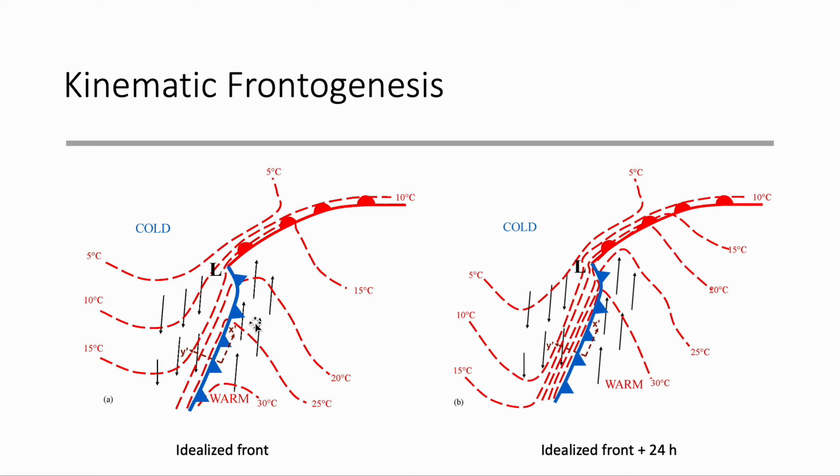And u is going in this direction here, and if you change position in the y coordinate, it's shifting direction. So du dy is also non-zero, and so the shearing term here is non-zero, and it corresponds to this idea of the wind blowing air of different temperatures. Notice that if u had been in the same direction here and here, because of how the isotherms are stacked up, it would have caused a warming over here, but also a warming over here. So potentially it would have done absolutely nothing to the front.